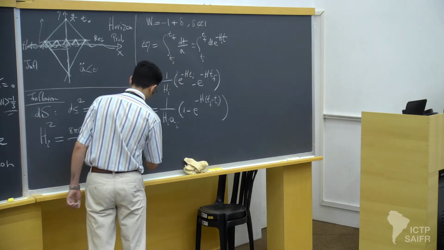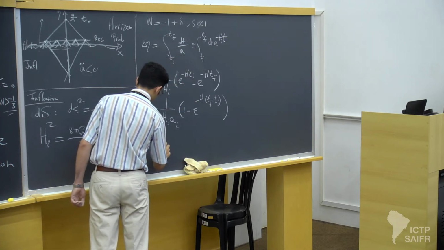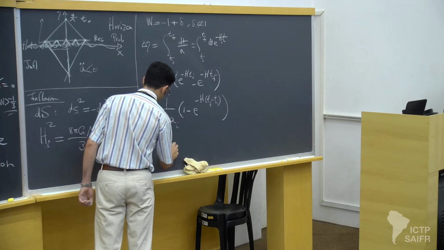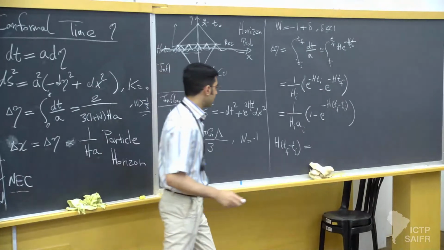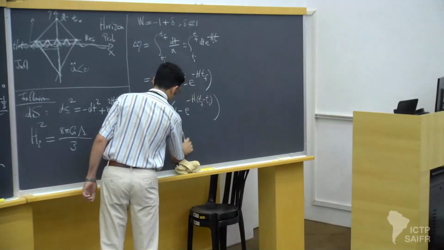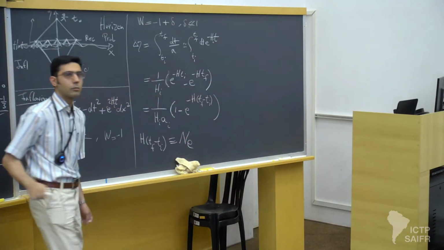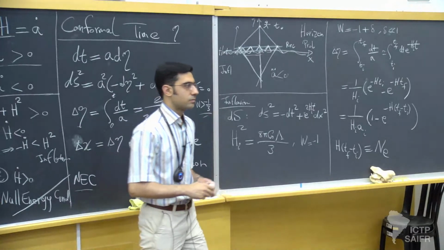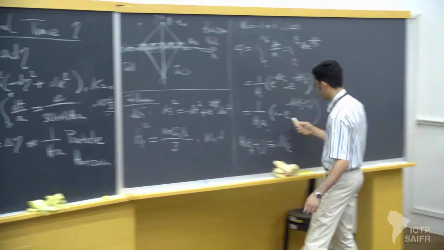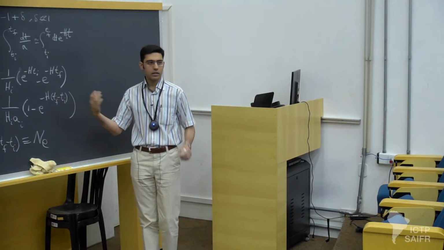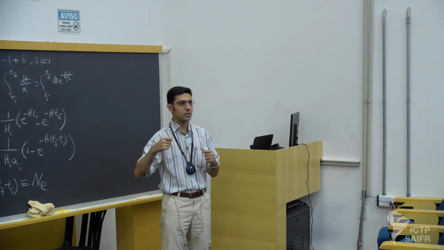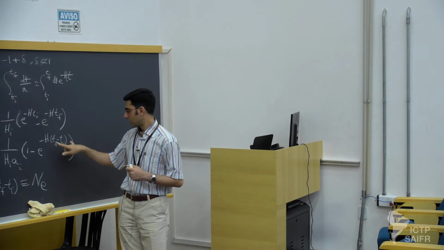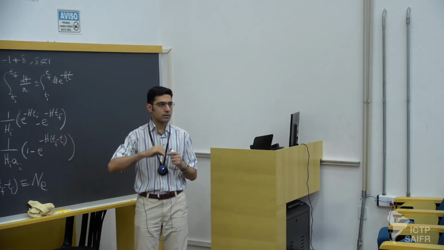So this quantity H times (tf minus ti) is called Ne, the number of e-foldings, because the size of the universe changes by e to the N during this period.